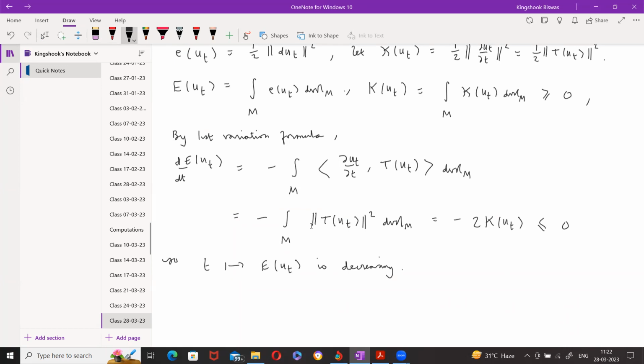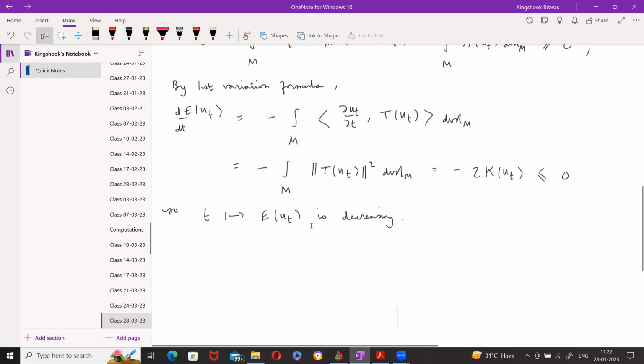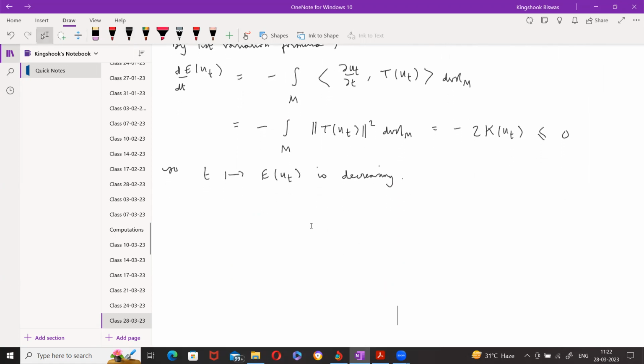From that, you can already draw one conclusion. The energy is decreasing and it's bounded below by 0. Therefore, the limit of the energy exists. Even if you don't know whether the solutions converge, you know that their energies have to converge. So the energy tends to a limit along a solution of the heat flow.